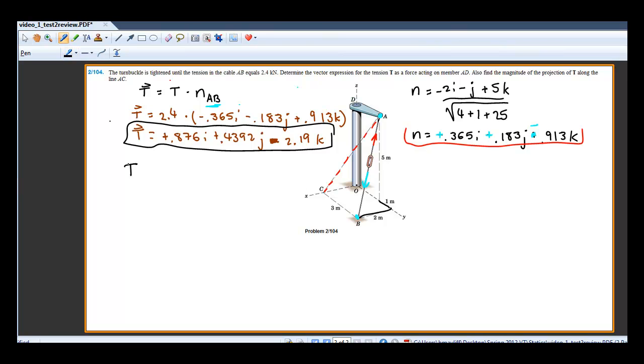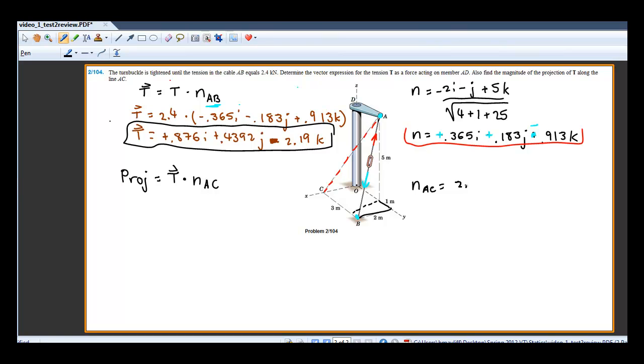Well, we take the projection, which is the vector tension, and we dot product it by the unit vector from A to C. The unit vector from A to C, n_AC, is going from A to C. For the x, it'll be positive.